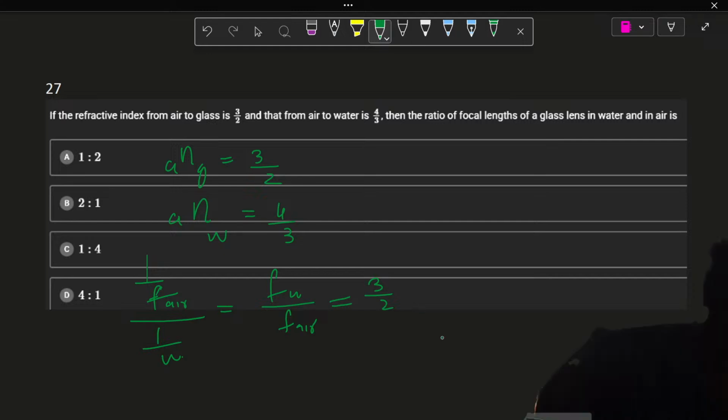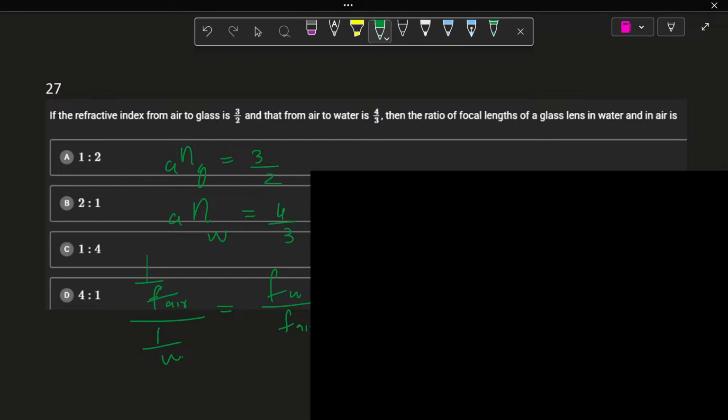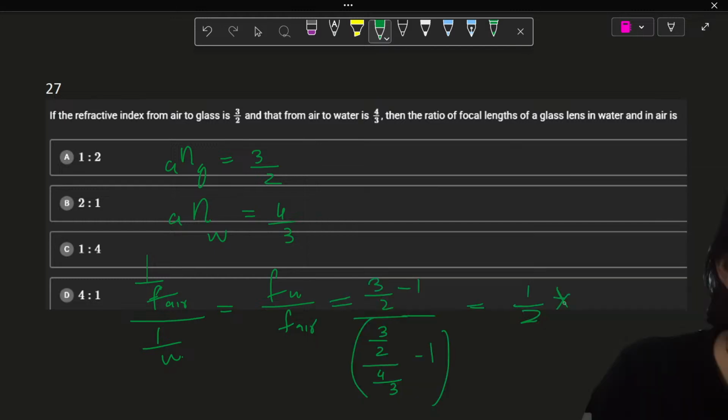Yes, it is similar to chapter 10. 3 by 2 minus 1 by, remember in the previous class we did 3 by 2 by 4 by 3 minus 1. So simplifying this, you will actually get 1 by 2 into how much would it be? 8 by 1, which is 4 by 1. So the ratio would be 4:1.